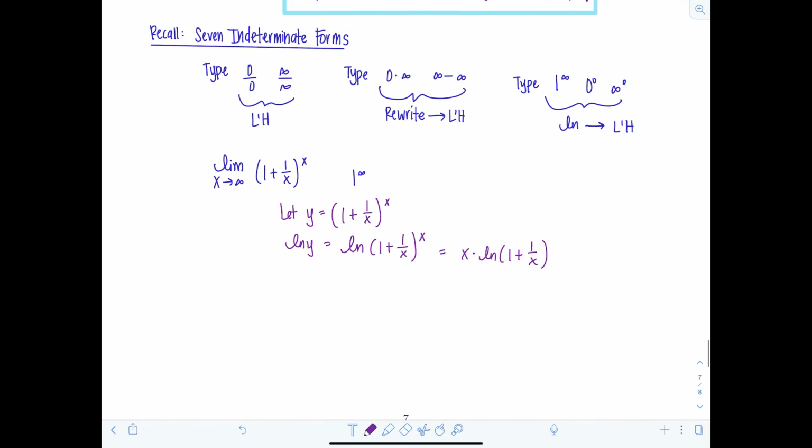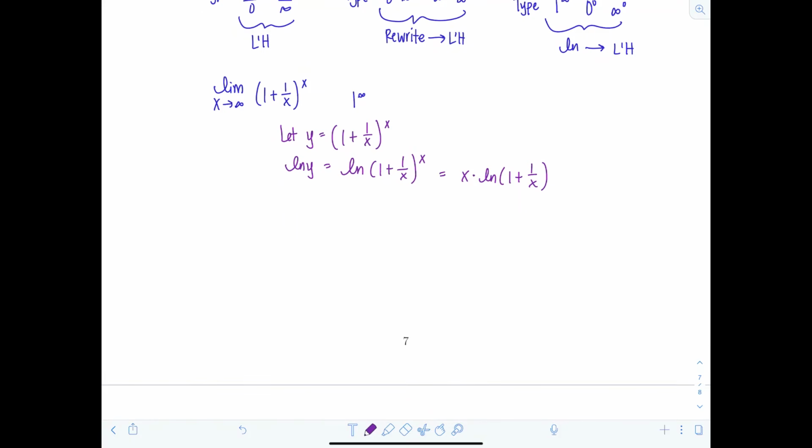And so instead of taking the original limit, I want to actually consider the limit as x approaches infinity of the natural log of y, which is the limit as x approaches infinity of x times the natural log of 1 plus 1 over x.